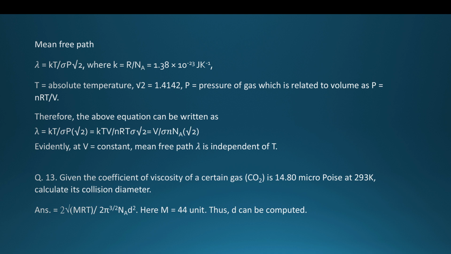Question number 13: given the coefficient of viscosity of a certain gas, CO2 gas, 14.80 micropoise at 93 Kelvin, calculate its diameter. The formula is 2 under root mRT over 2 pi to the power 3 by 2 into Na into d square. Here m refers to molar mass. Just by putting in the values of m, R, T, pi, Na, evaluate d.